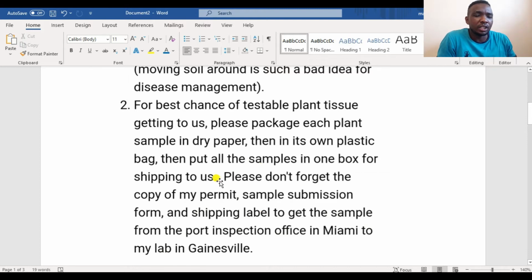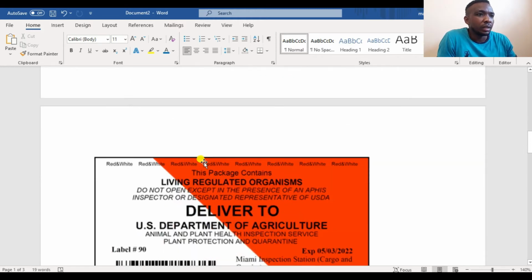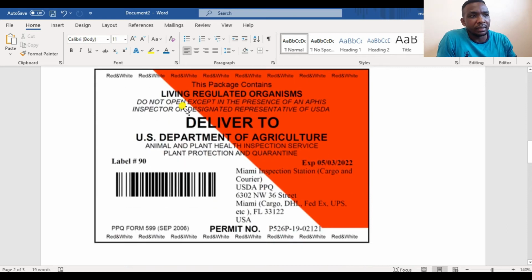So I showed you the submission form, the one that you put all the information on, and I showed you the permit, right? Now let me show you the APHIS label, which is Animal and Plant Health Inspection Service, as it is written there.